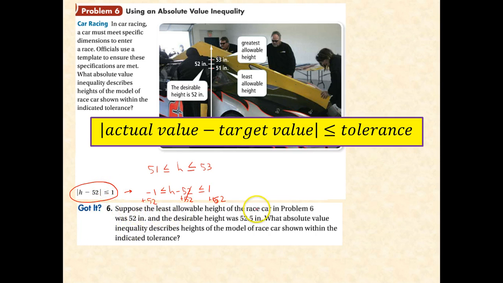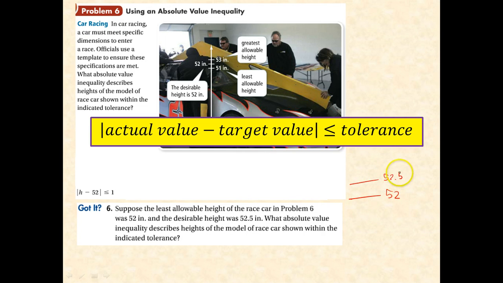So suppose that the least allowable height was 52 inches and the desirable height was 52.5. So 52 is the lowest you can be, 52.5 is the target, and then you can be another half inch in the other direction, which will put you at 53.